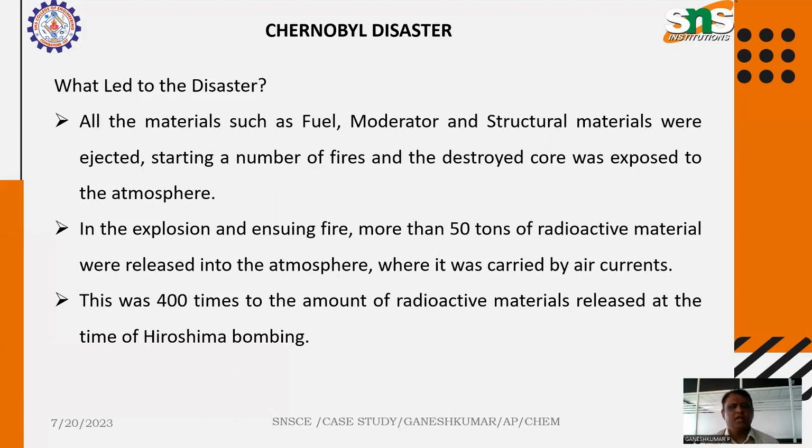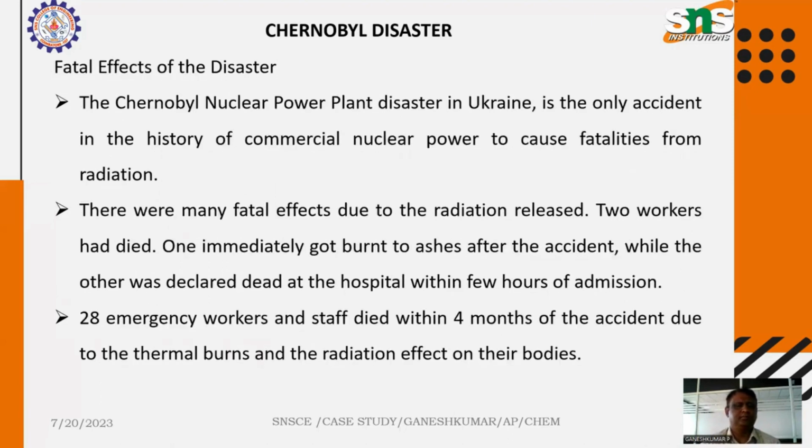We know that the Hiroshima bombing was an open bomb, which created a huge disaster. But here, it is assumed that the plant was in a safe condition, and suddenly it happened. The effects were more than Hiroshima.